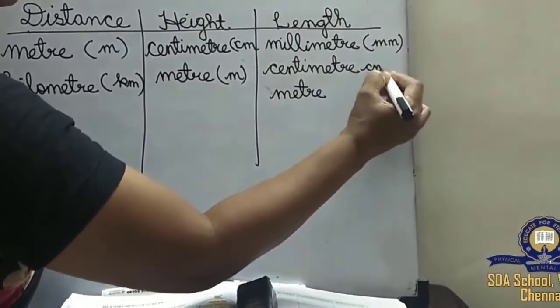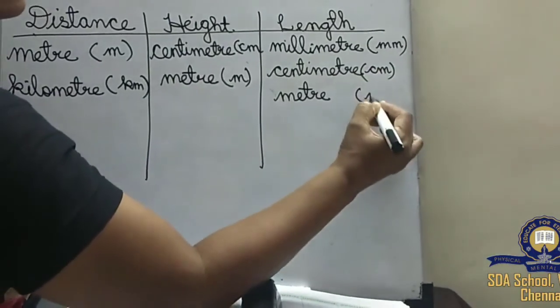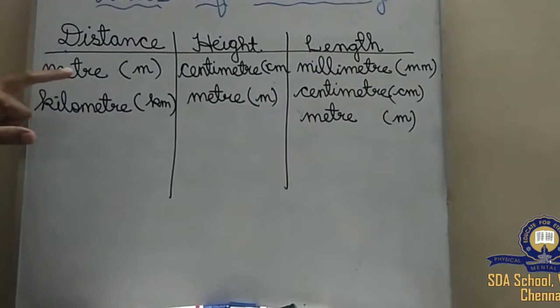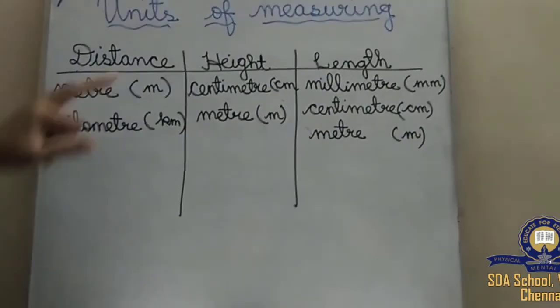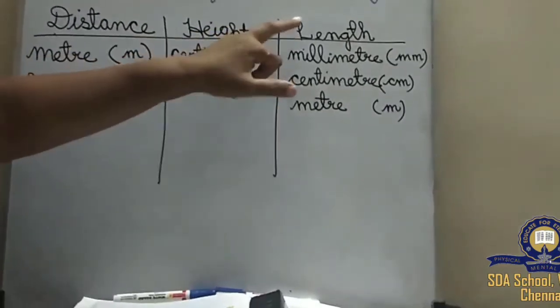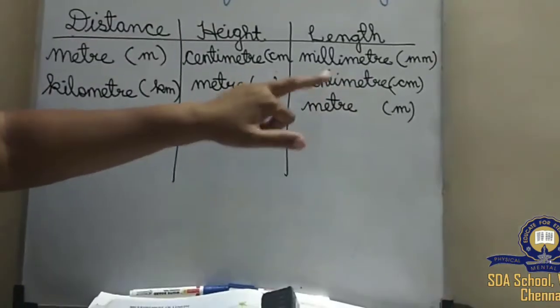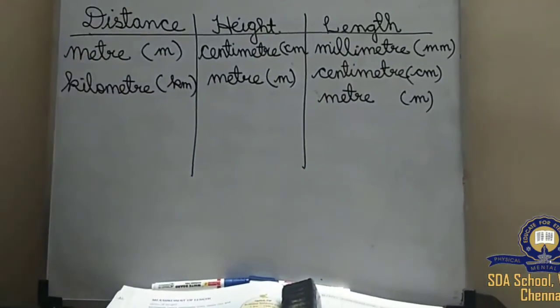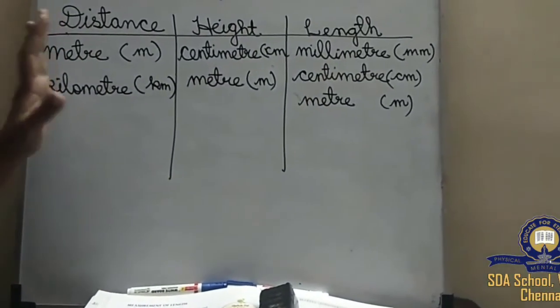Understood, children? Distance is always measured in meter and kilometer. Height is measured in centimeter and meter. And length is measured in millimeter, centimeter and meter. Don't forget. Okay, children? Are you thorough in that one?